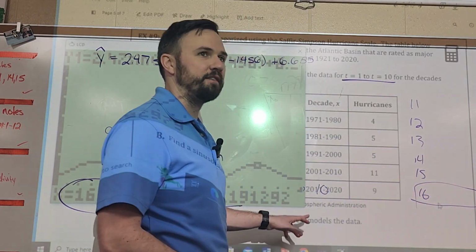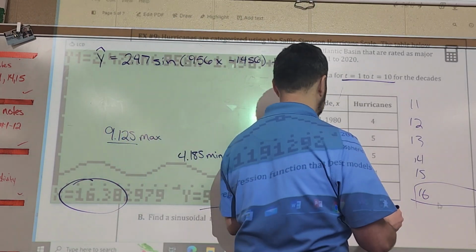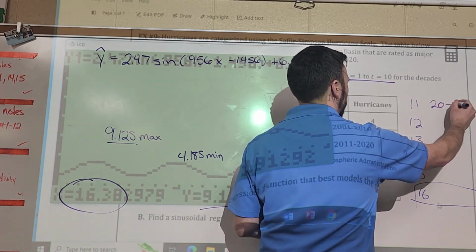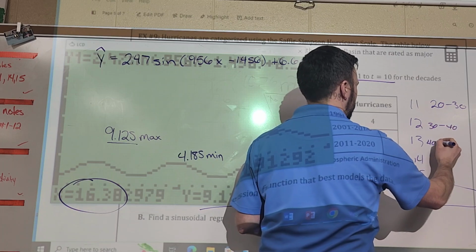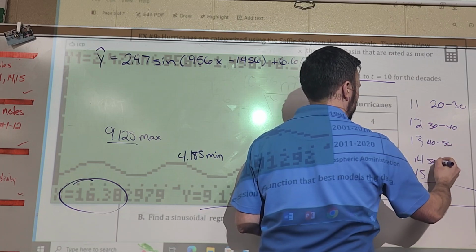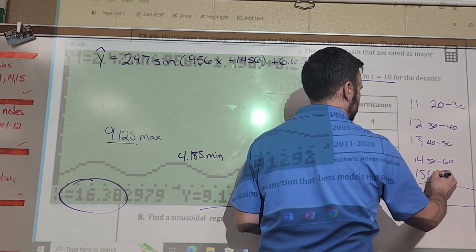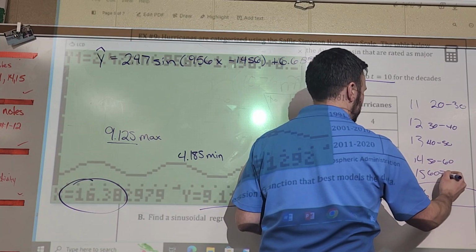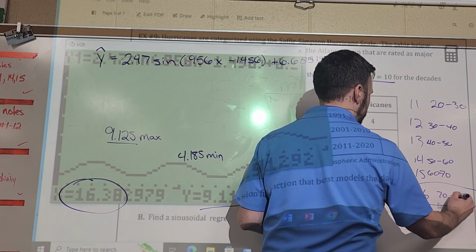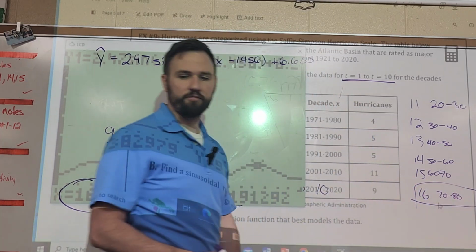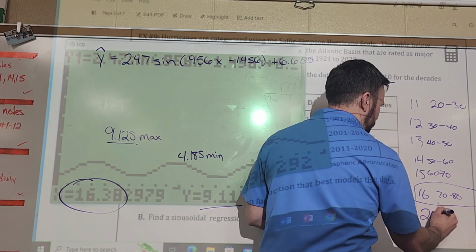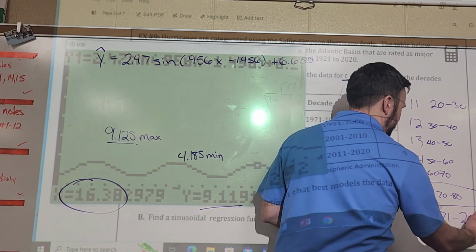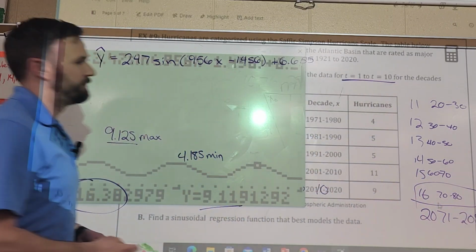So if you need to do that to think about it, it would be what? 20 to 30, 30 to 40, 40 to 50, 50 to 60, 60 to 70. So it'd be? It would be the decade from 2071 to 2080, right?